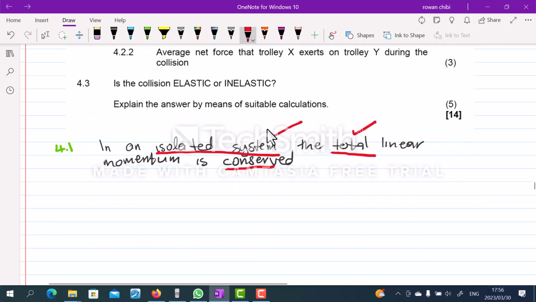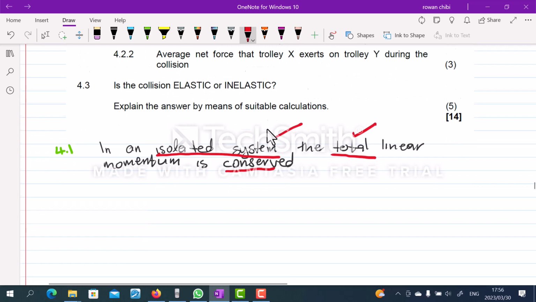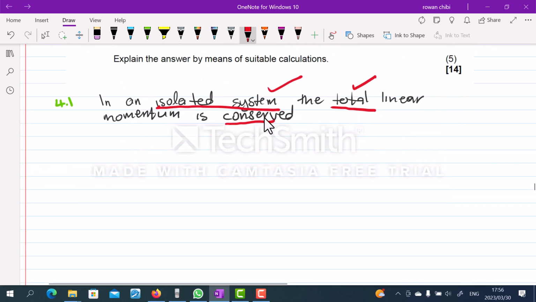So this one is 4 marks, that's 4.2.1. So we have the sum of the momentum before is equal to the sum of the momentum after.